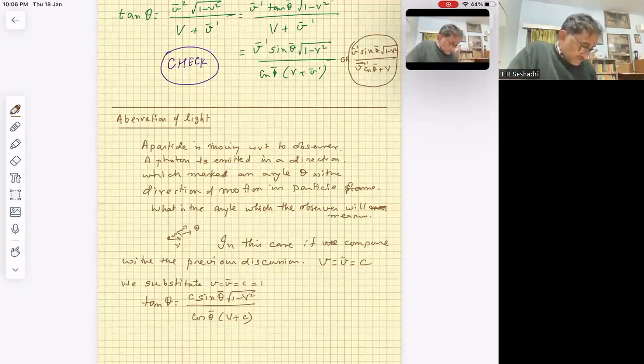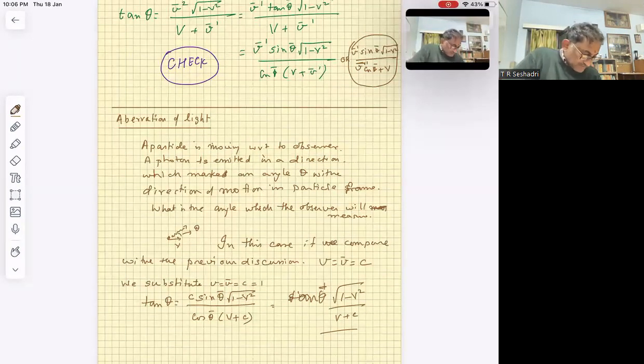So fine. When I do this, this is equal to tan theta bar square root of 1 minus V square by V plus C. When V equal to 0, tan theta equals tan theta bar, which is expected, right?